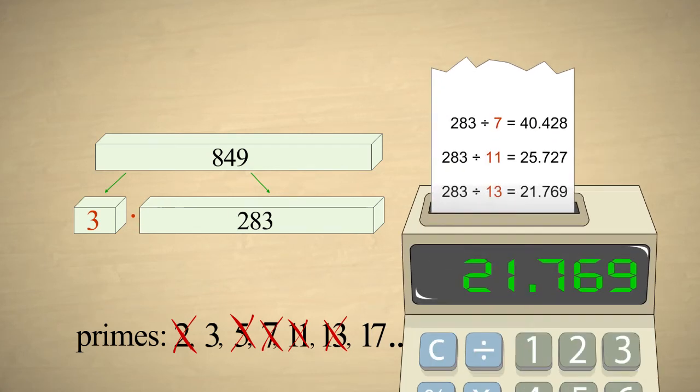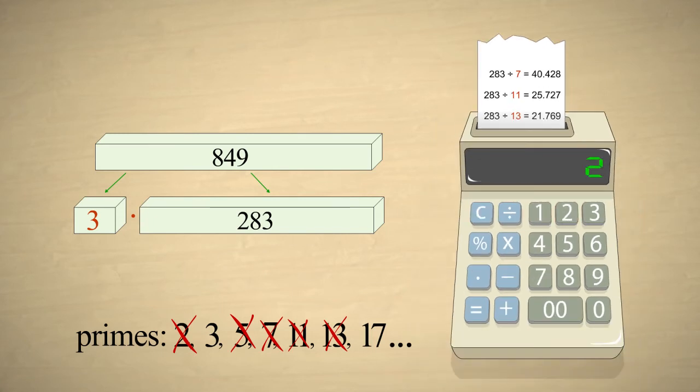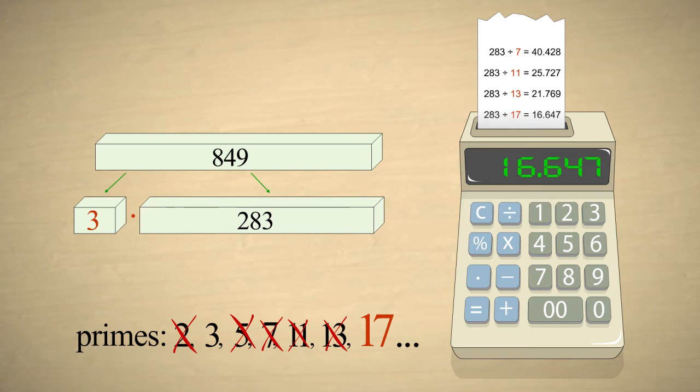Notice that as we divide by larger numbers, the results keep getting smaller. When we divide by the next prime, 17, the result is smaller than 17. So we can stop testing. Why? Since factors must divide evenly, the result must be an integer, and that integer will also be a factor.